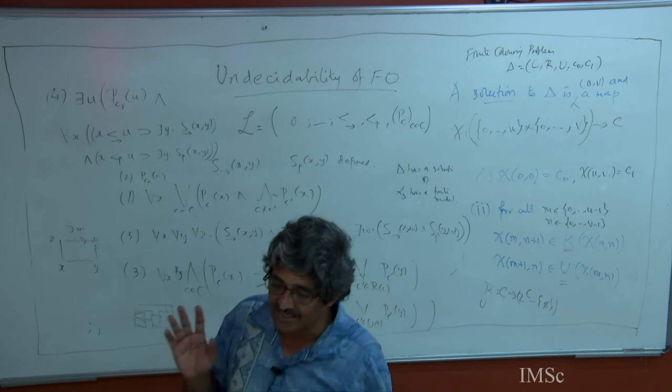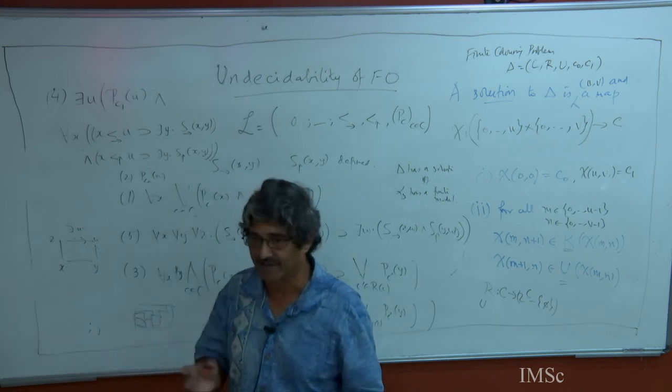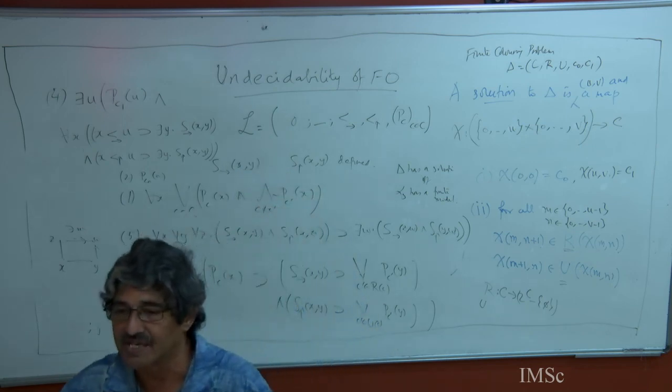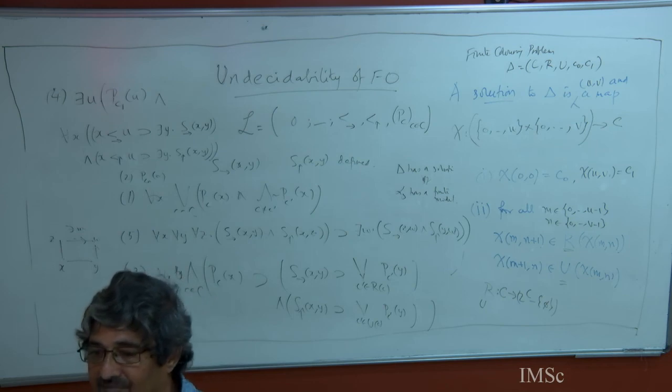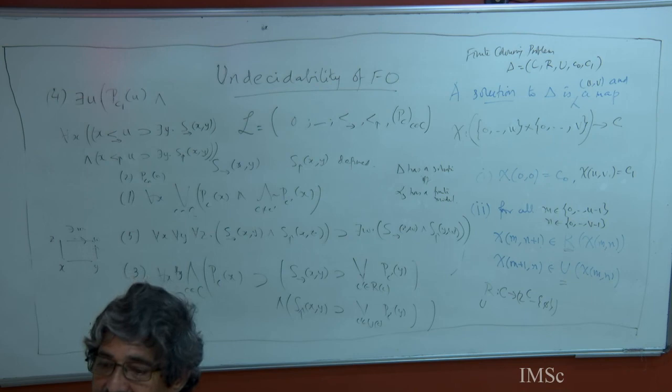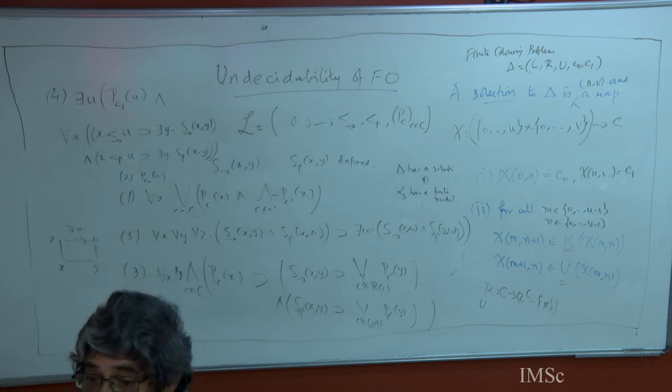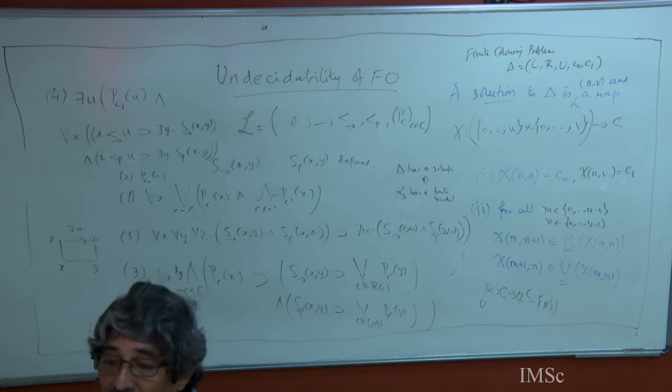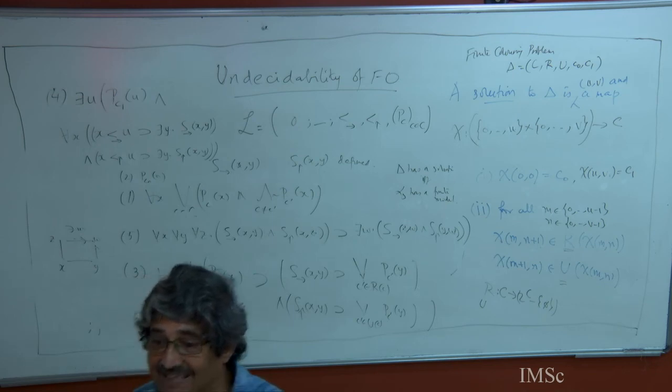So if, for instance, you were to forget first order logic and look at automata that run on words, you have various decision procedures. Automata that run on trees, you have various decision procedures. What about automata that run on graphs? Now, a grid is a graph.